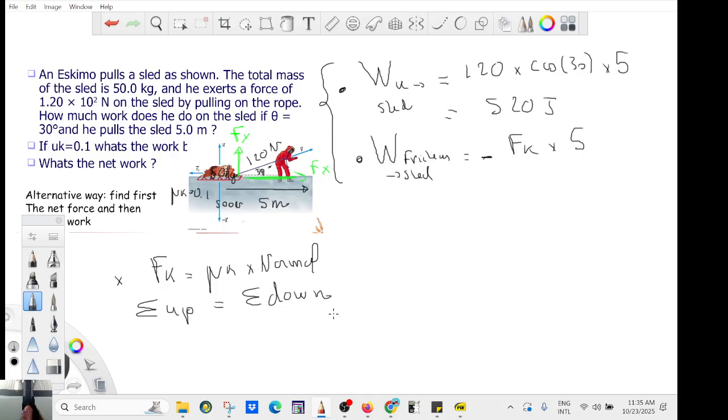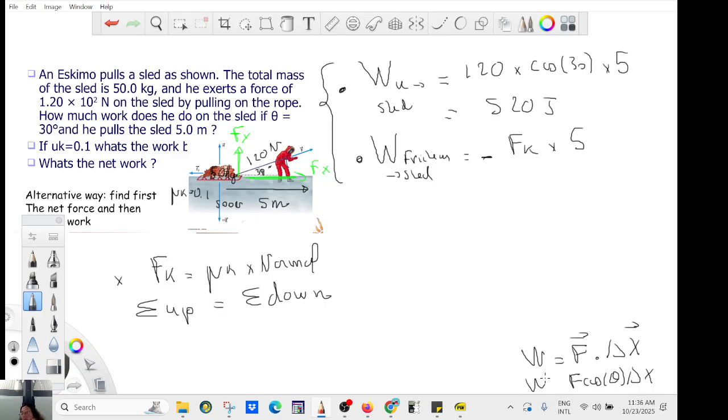Yes. Because this is what I have explained. When you find the work done, you take only the component parallel to the displacement, because only this component changes the speed. It's the definition of work. It's a dot product, right? F dot delta x, so it's going to be F cosine theta delta x, where theta is the angle between F and delta x.